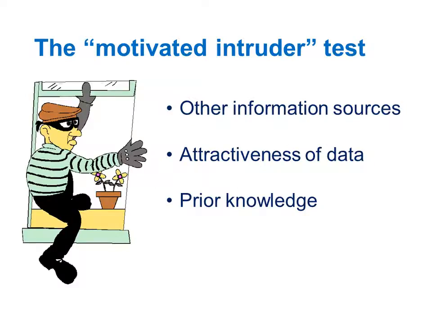Related to this, they talked about the motivated intruder test. This was a way of trying to say, given the information I've got, how likely is it that that information will be re-identified? If they had a motivated intruder who wanted to work out from the information they had who an individual was, how would they go about that?